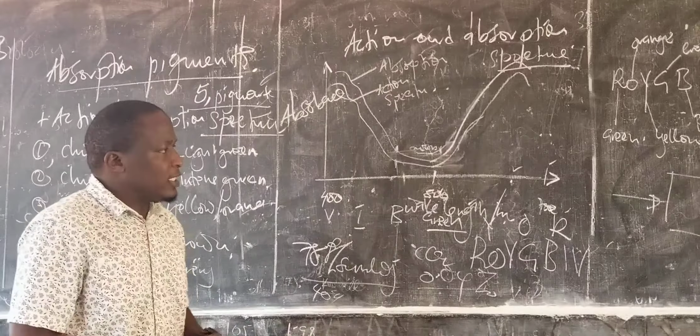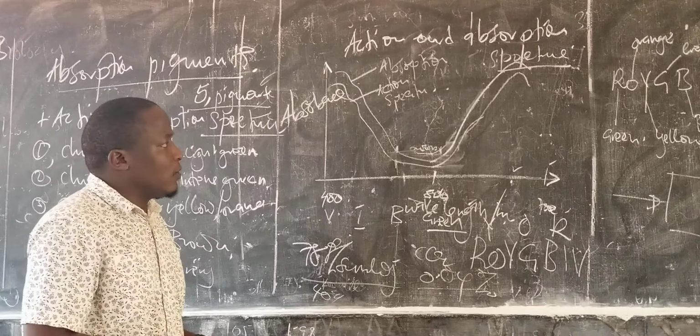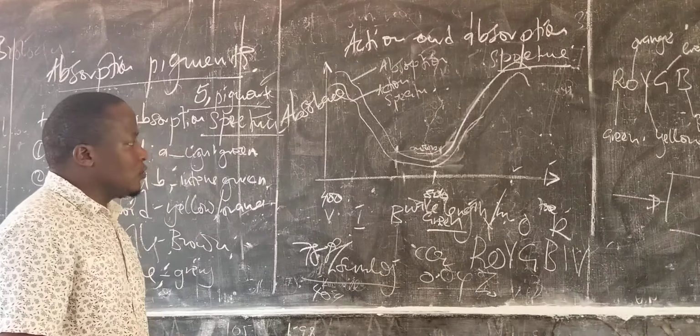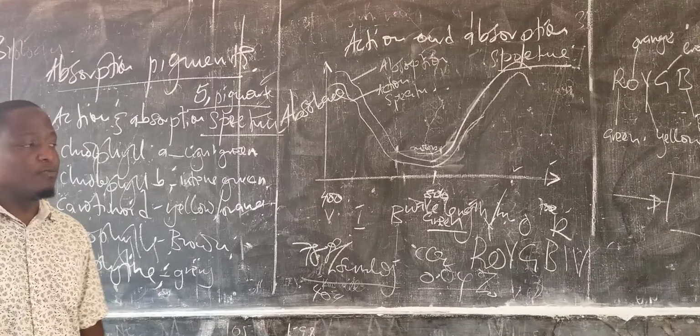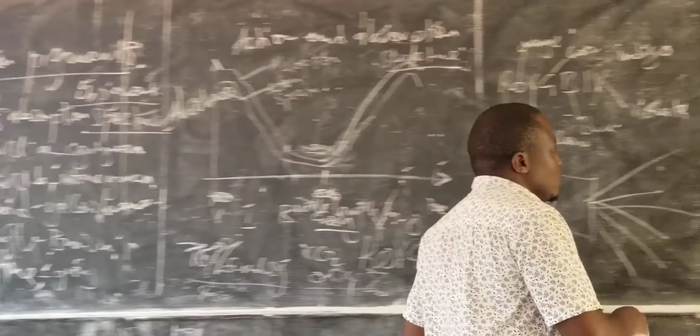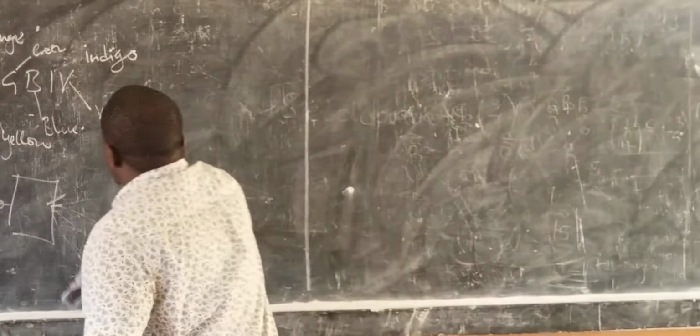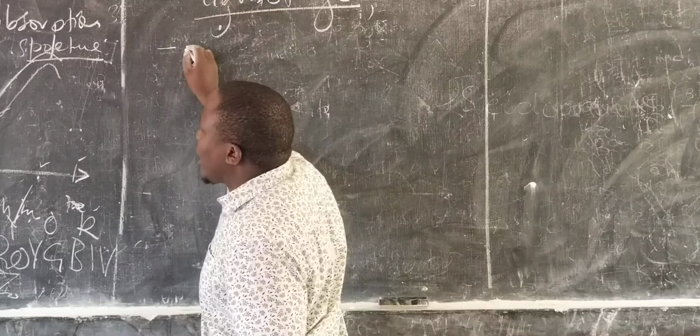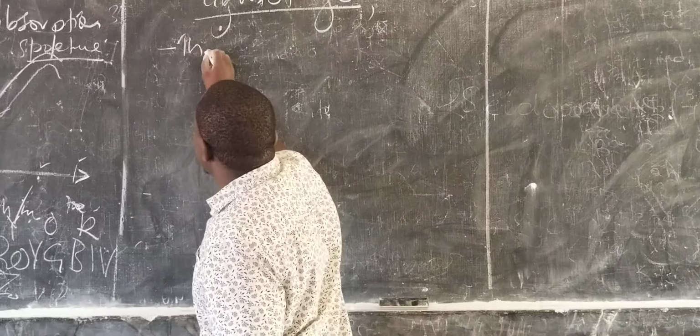I want to leave that there, and then tell you what happens when this light is absorbed. To what extent is this absorption of light important during the formation of food in these plants? It occurs in the thylakoid membrane.